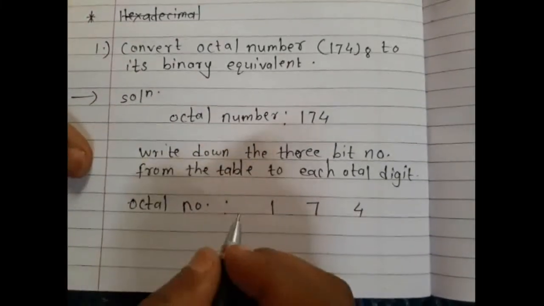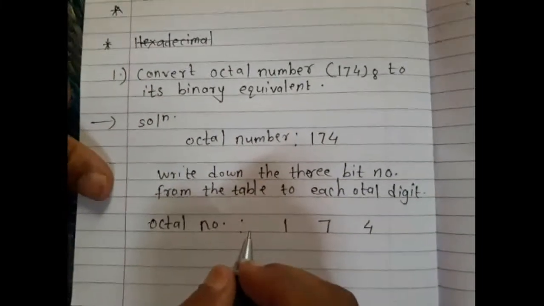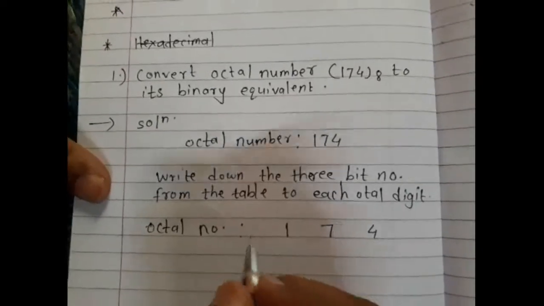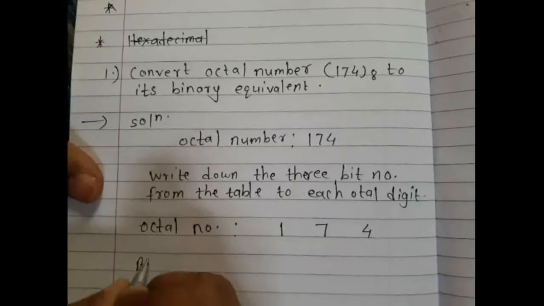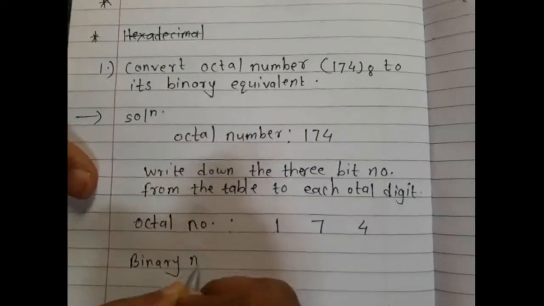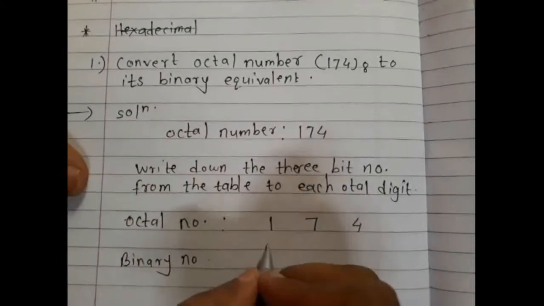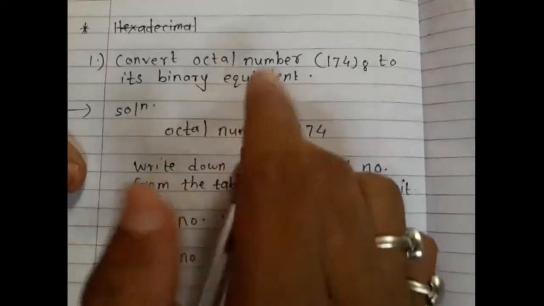Now we have to write the binary number. Now see the chart. 1 means what? 0 0 1.